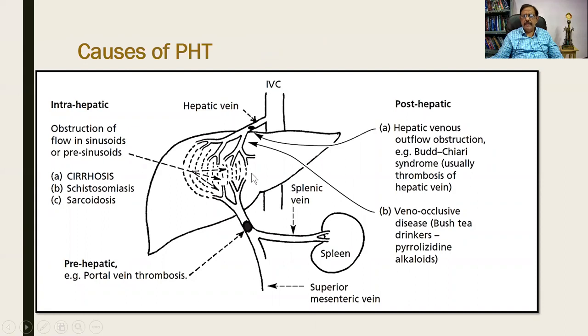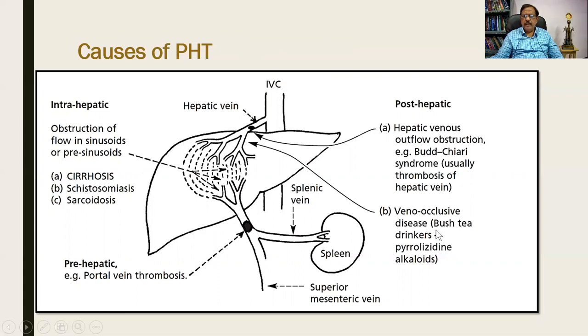This is again diagrammatically represented. Please see this. There can be an obstruction to the flow in the pre-sinusoidal space. That can be again cirrhosis, schistosomiasis, or sarcoidosis. And whenever there is an obstruction to the flow into the inferior vena cava, as in Budd-Chiari syndrome or thrombosis of the hepatic vein.